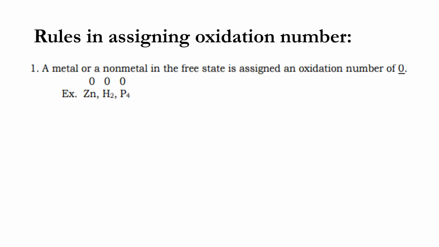We have some rules. Number 1, a metal or a non-metal in the free state is assigned an oxidation number of 0. So whenever you see an element or a substance in a free state in a chemical equation, the oxidation number is always 0. For example, you see zinc in a chemical reaction, free, uncombined, the oxidation number is 0.